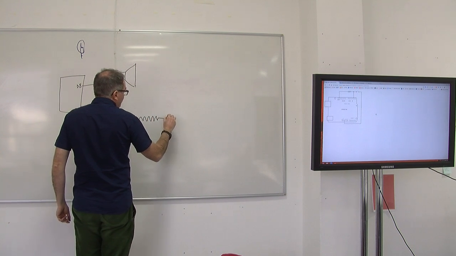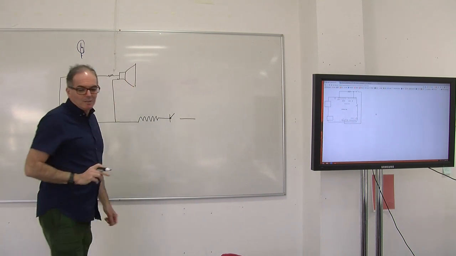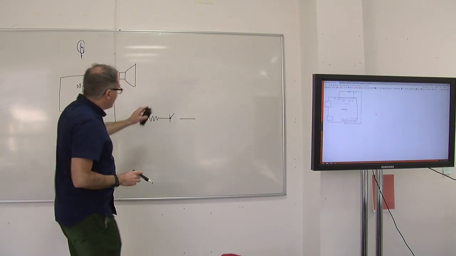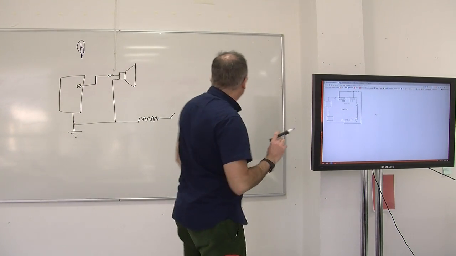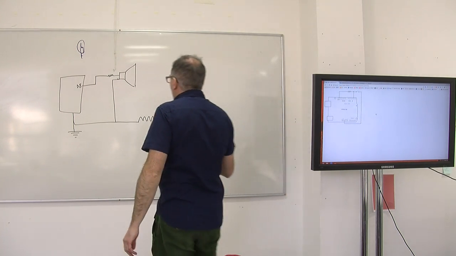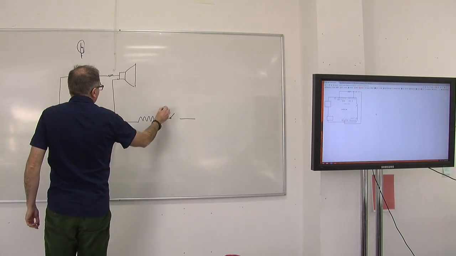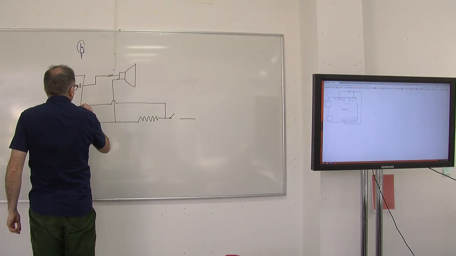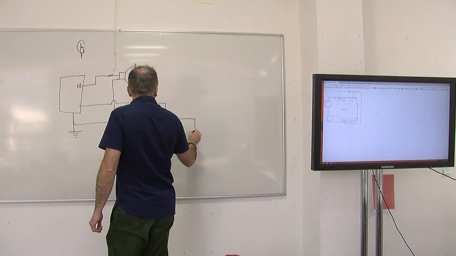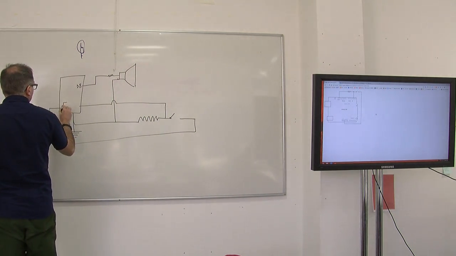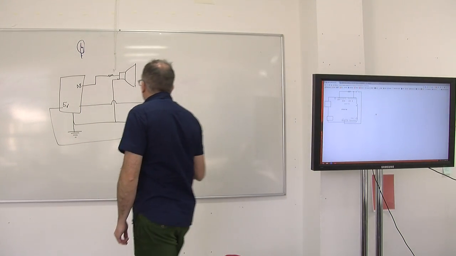Then there is the button, which we're going to symbolize as a switch, because it's a switch, that's what it is, really. So here is the button, and that goes to a port. And on the other side, it goes to 5 volts. So which port are they using? They're using port 2. Okay, we can use port 2.